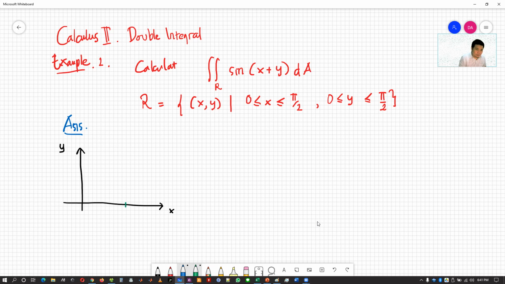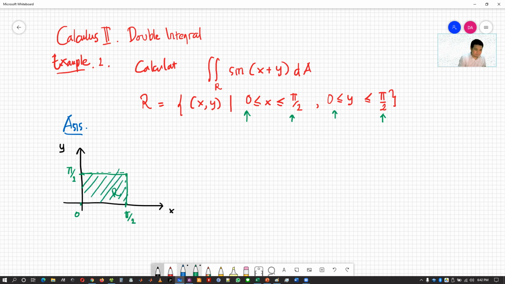The area of R: x is between 0 and pi over 2, and y is also between 0 and pi over 2. So what can you guess? The area is actually a rectangle. This is actually R.